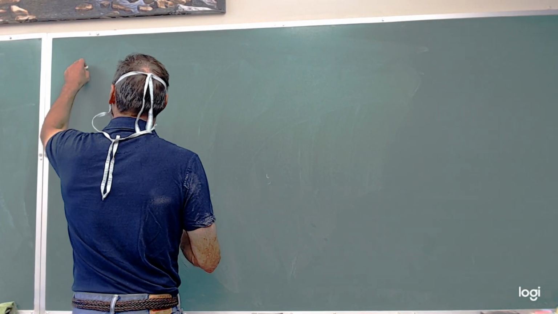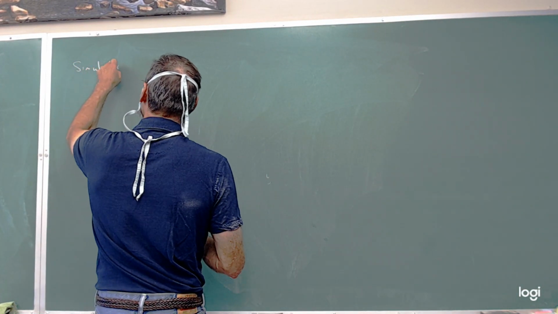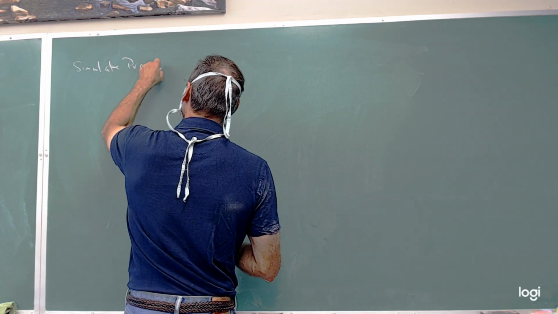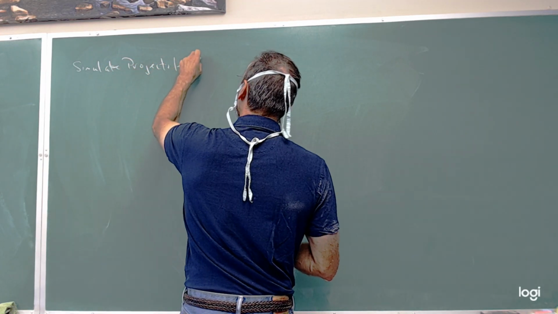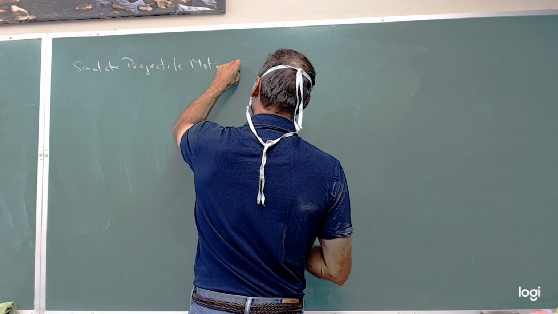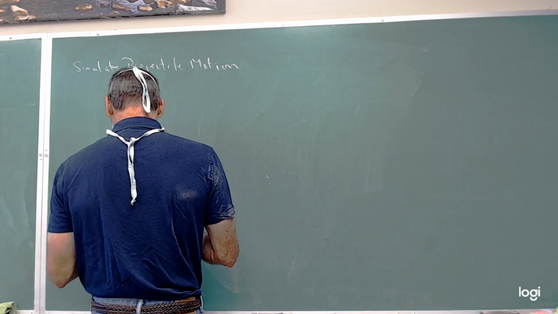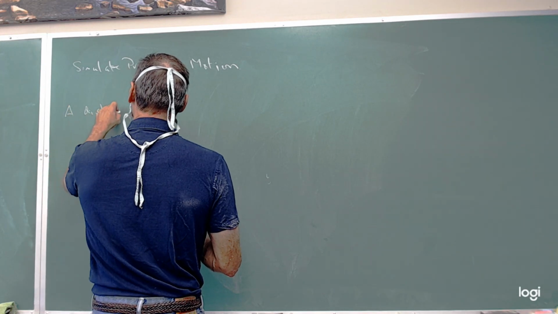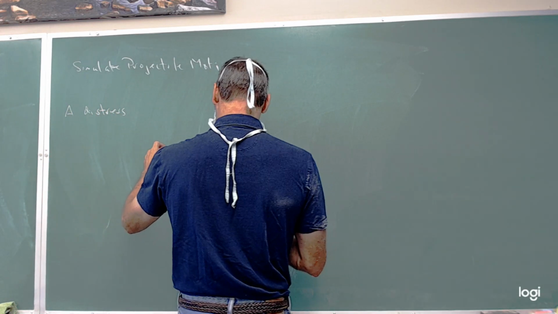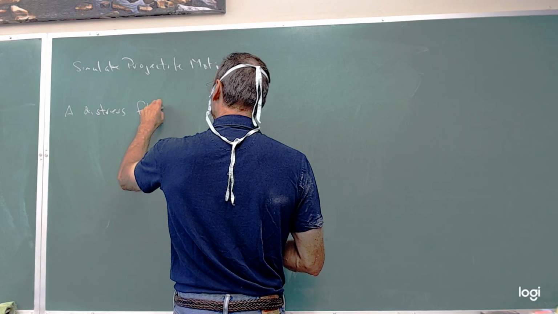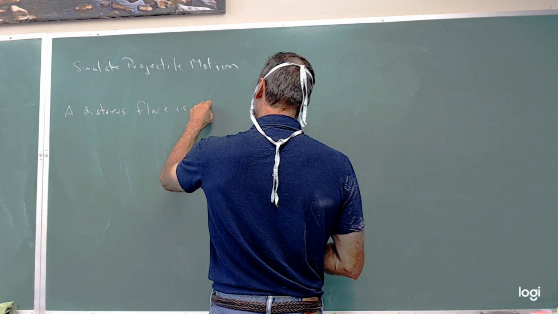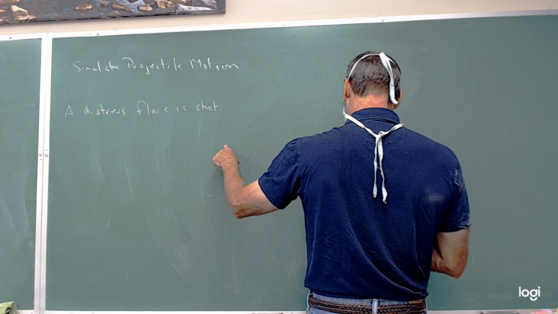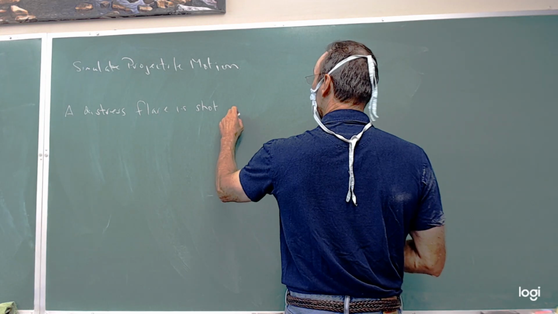So we're going to simulate projectile motion. So we're going to say distress flare. A distress flare is shot straight up from a ship's bridge.